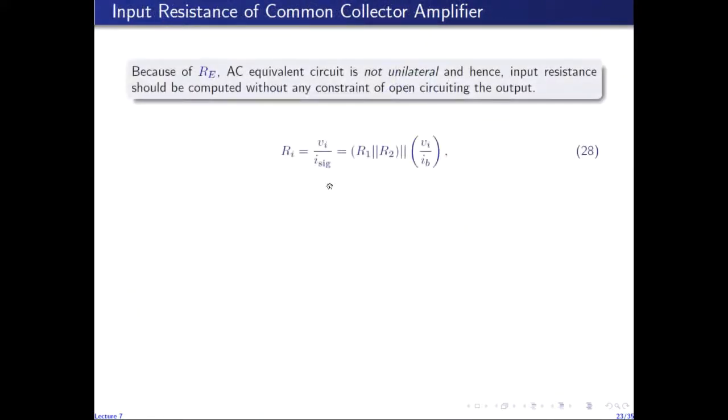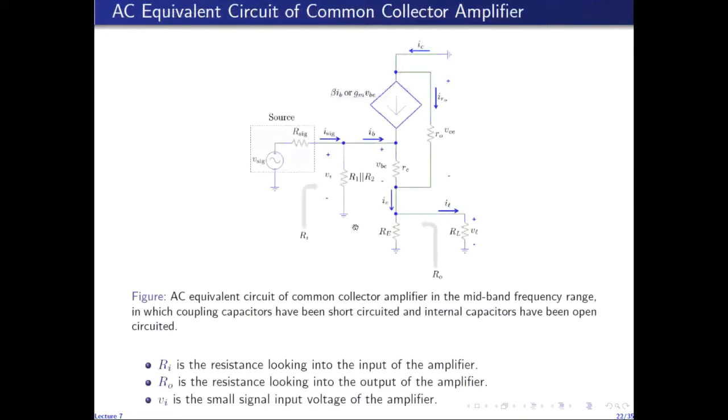So like I said, Ri is given by definition. It is the ratio of the input voltage to the input current. And as we did in case of the common emitter amplifier, instead of measuring this ratio, we can clearly see that Ri is the parallel combination of this resistance and the resistance seen looking into this port.